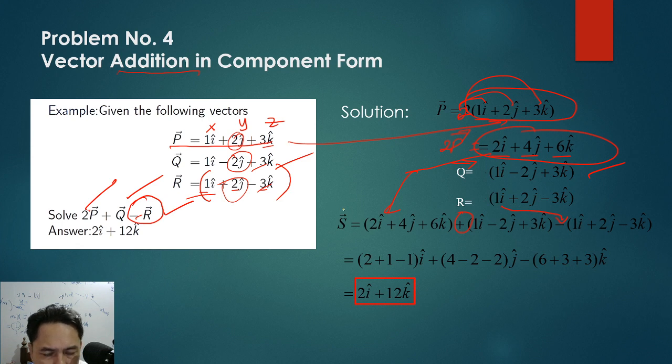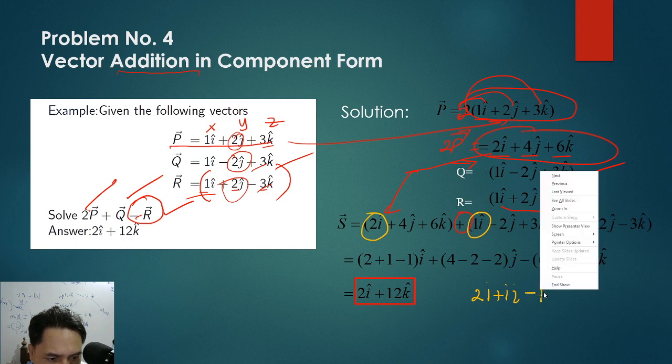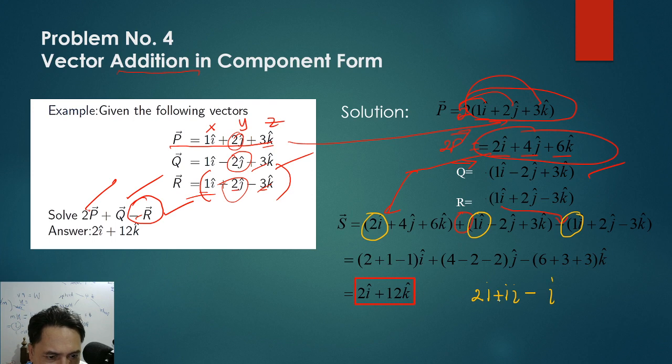So I'll collect all the i. 2i plus 1i minus 1i. Okay? So 2i plus 1i, this preceded by a negative sign, so negative 1i. What is common here? i, i.